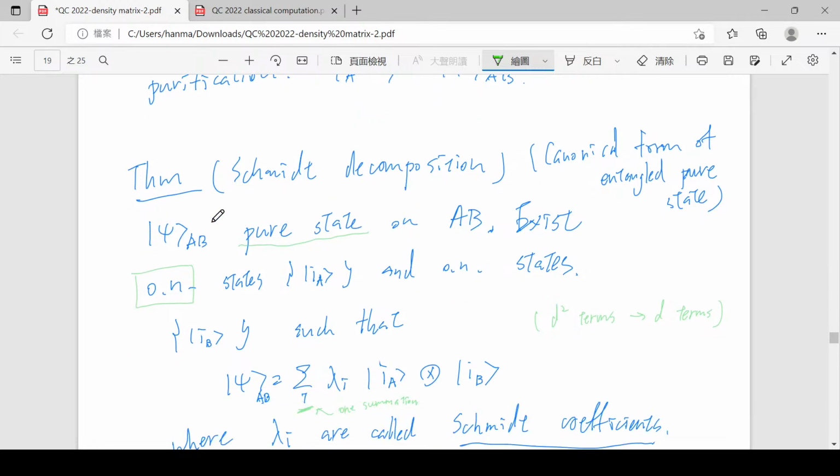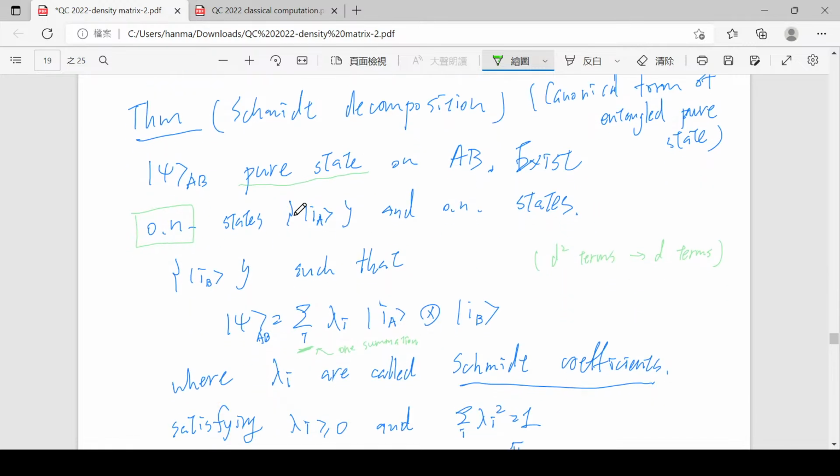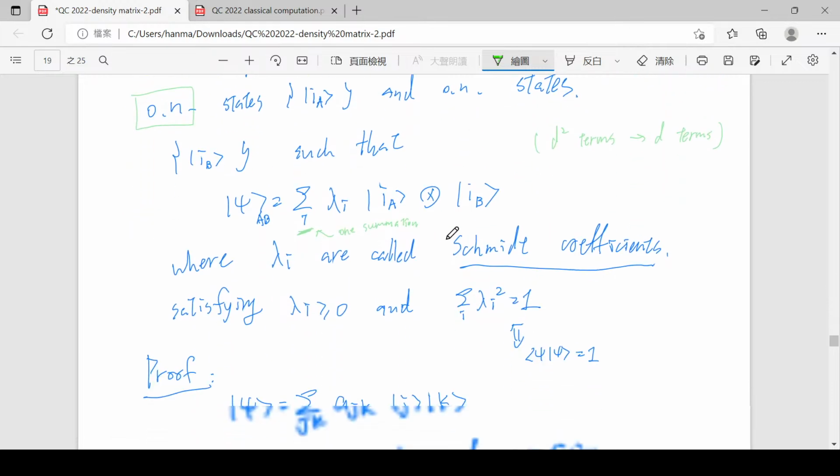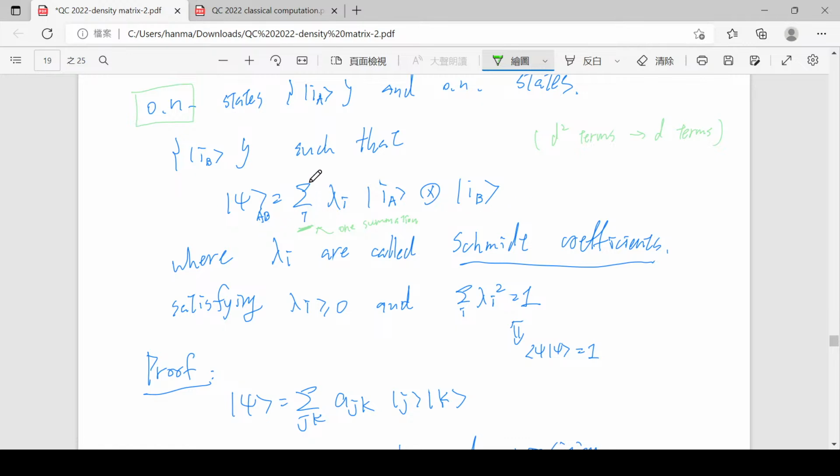But when your state on both system A and system B, the psi AB, is a pure state, then there is a really good description of the entanglement between system A and system B. So the statement is that if psi AB is a pure state on AB, then there exists an orthonormal set of states, this |i_A>, and another orthonormal set of states |i_B>, such that your psi AB can be written as a summation over i of some lambda i, which are positive numbers, times |i_A> tensor |i_B>.